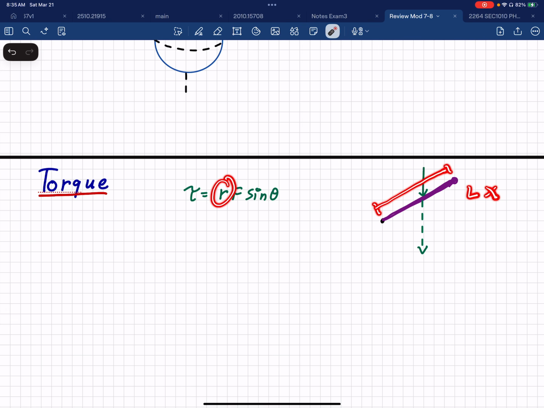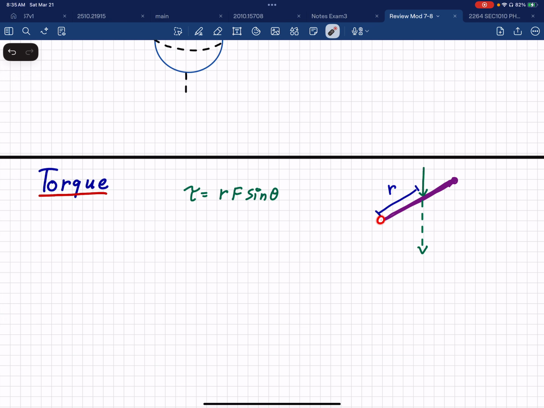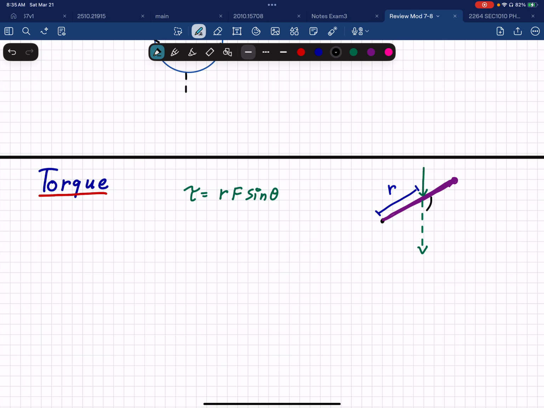The R that should be taken is from this point of contact till the point of rotation. This is the R, the vector drawn from the axis to the point of contact. The angle between these two arrows is theta. Is this point understood? Okay, this is theta.